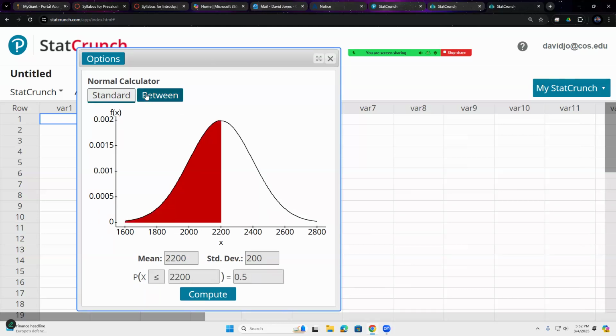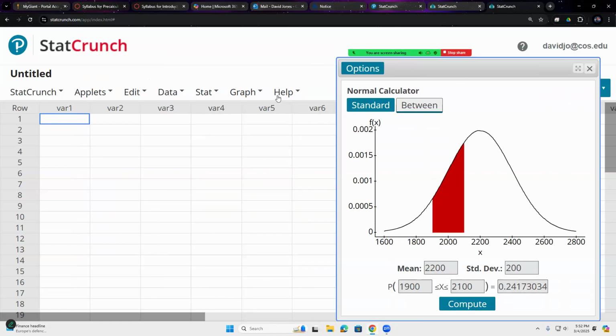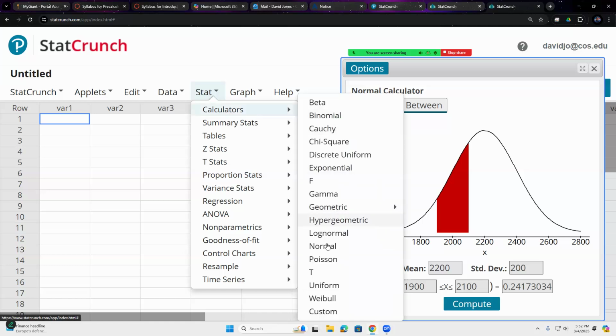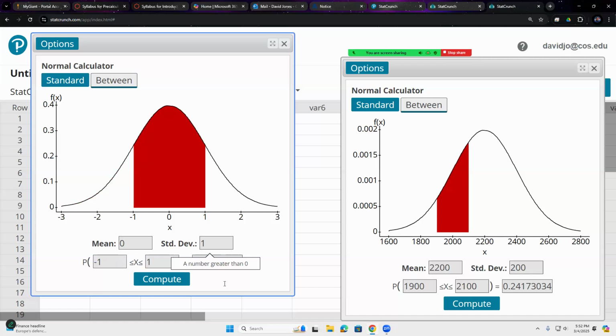Why doesn't it have it here? Notice that it defaults to 0 and 1. We're going to talk about that next. They used to have a 68, 95, 99.7 button that you could click on and it would show the values underneath that matched up with it.